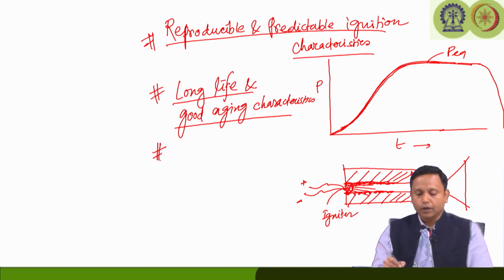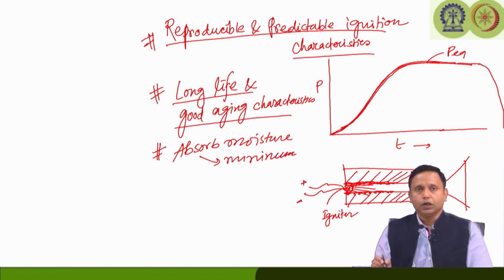It should not absorb moisture. So, moisture absorption should be minimum, even if it absorbs, because sometimes it may so happen that due to the absorption of moisture there may be some chemical changes, like it may change its crystal structure, maybe it may create some void inside the space of the crystals for certain oxidizers.